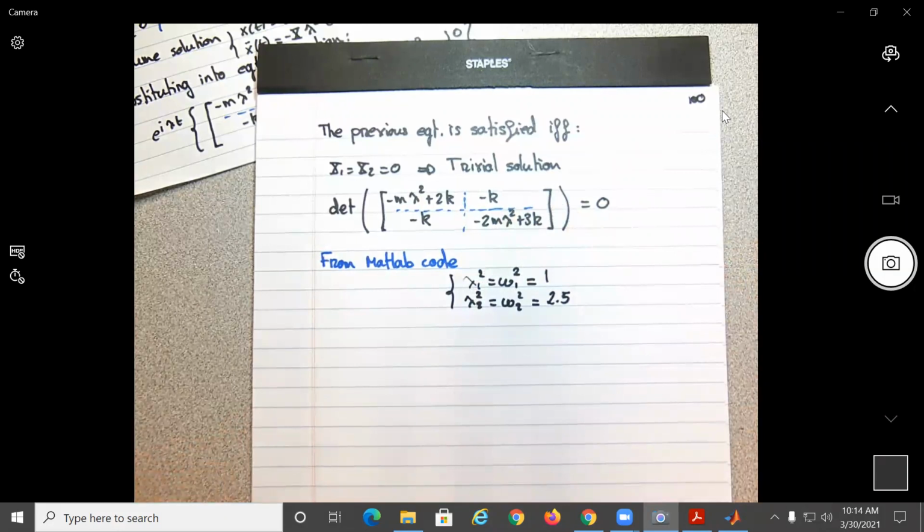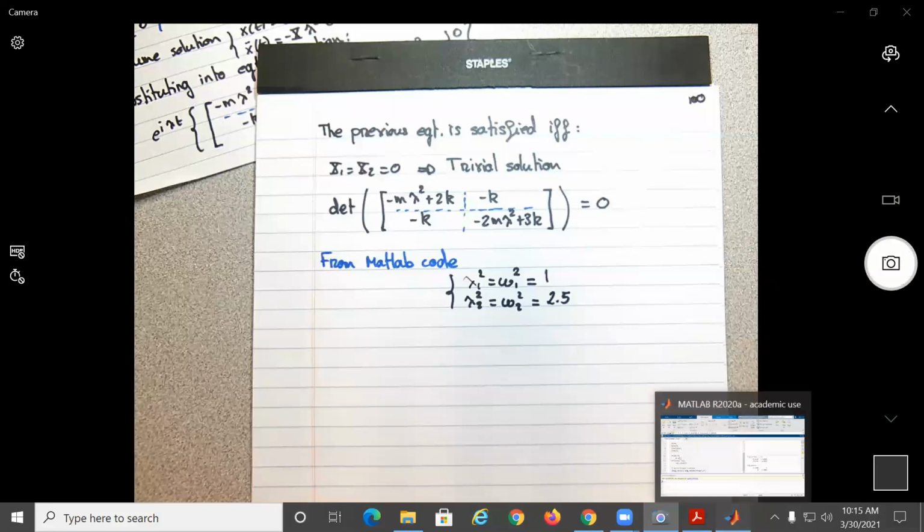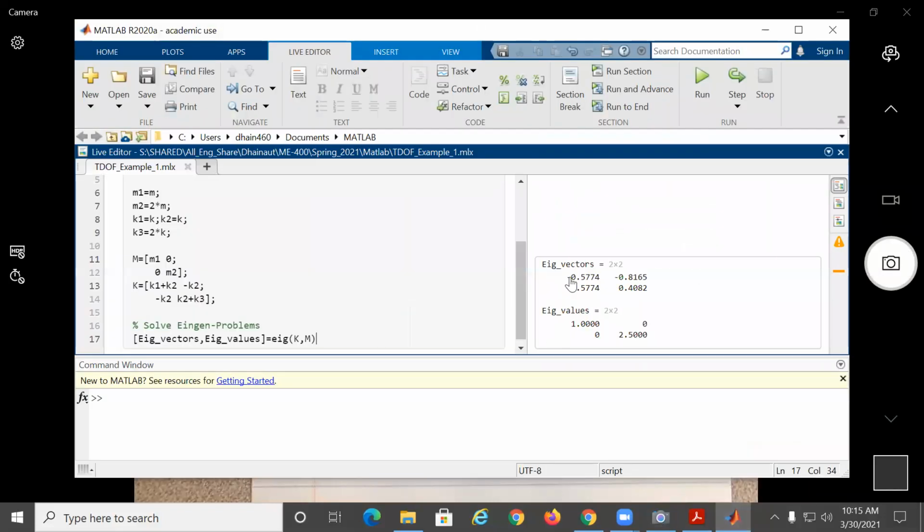Okay, so now is where it comes a little bit different. So now we say that for each eigenvalue corresponds an eigenvector. Okay, so let's write that down. But here you see the way they look like.